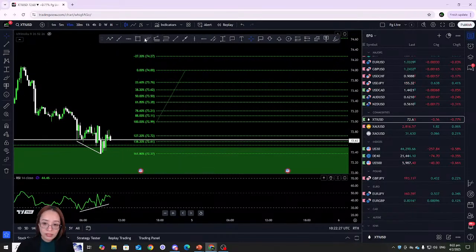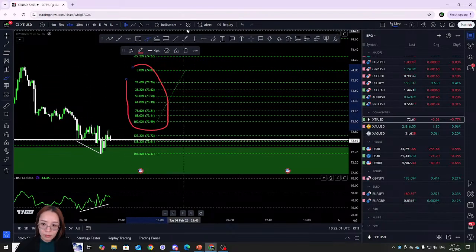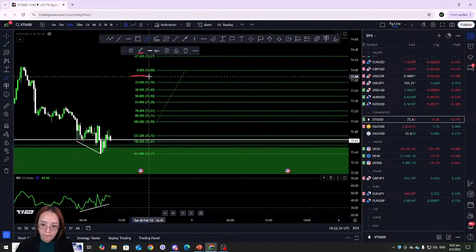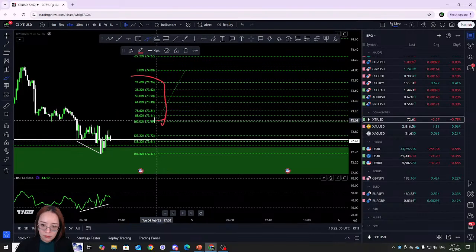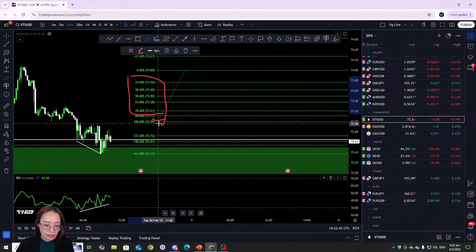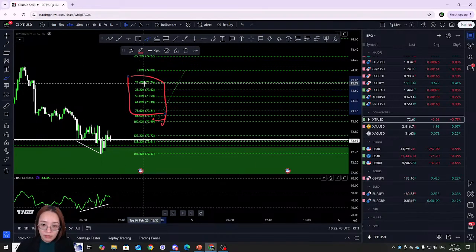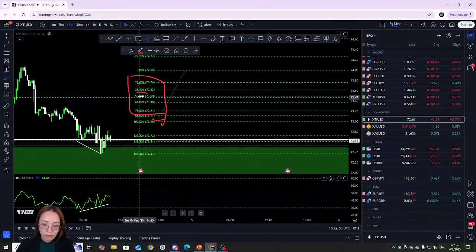All these levels you can use for the pullback. At this 78.6% is used for the pullback. 88 is not a Fibonacci level; we use it for harmonic patterns. Not many levels are where price is going to pull back.